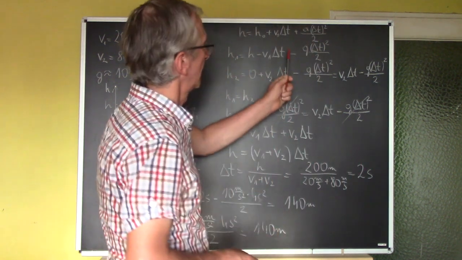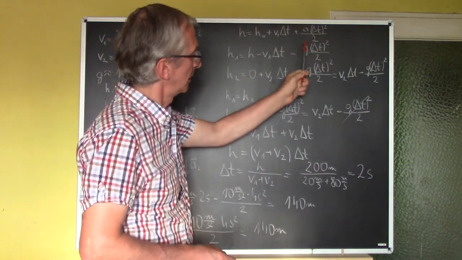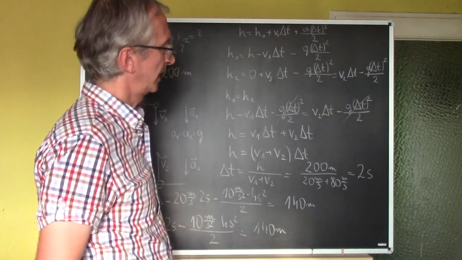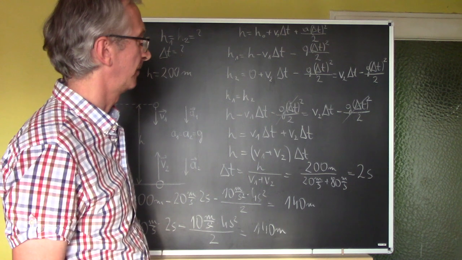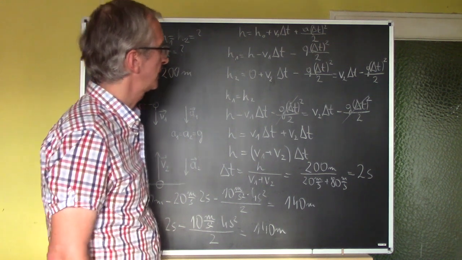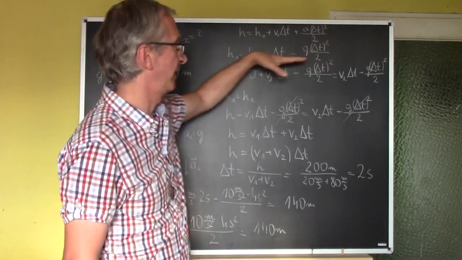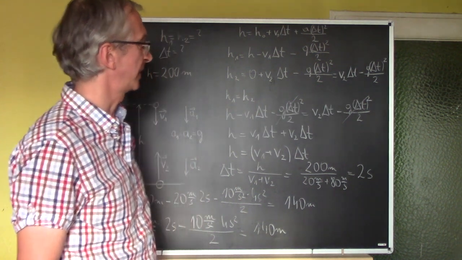So here we have minus g multiplied by delta t squared divided by 2. And we have the equation of motion for the first body.